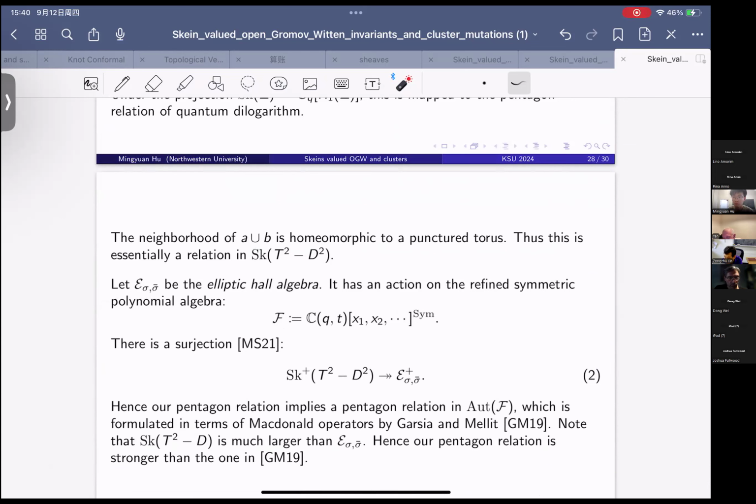But somehow, probably it's too long a story to say in a couple of words, the elliptic Hall algebra can appear as a one-dimensional generalization of some zero-dimensional Hall algebra, which is the Hall algebra of the Jordan quiver, the quiver with one vertex and one loop.